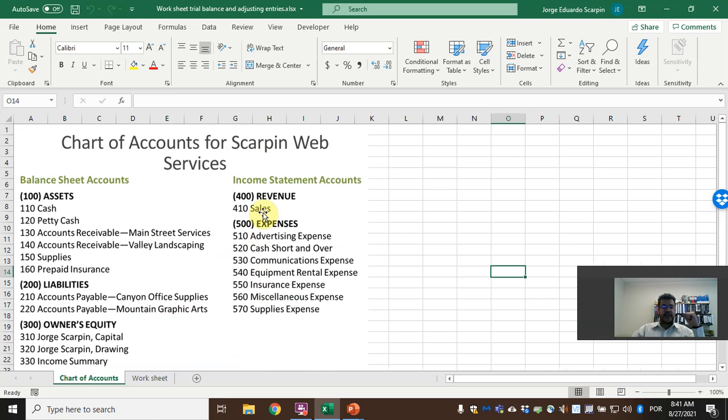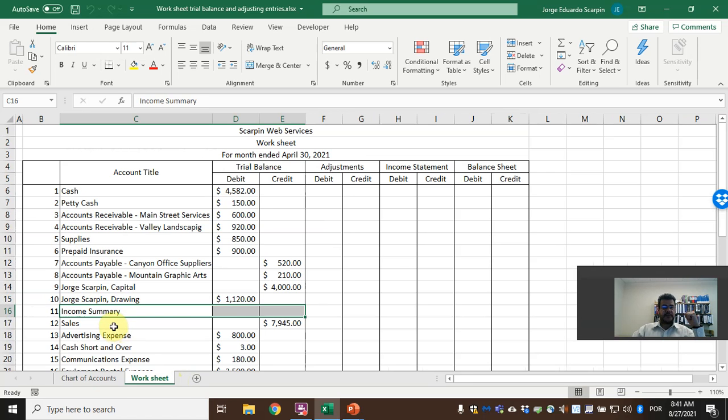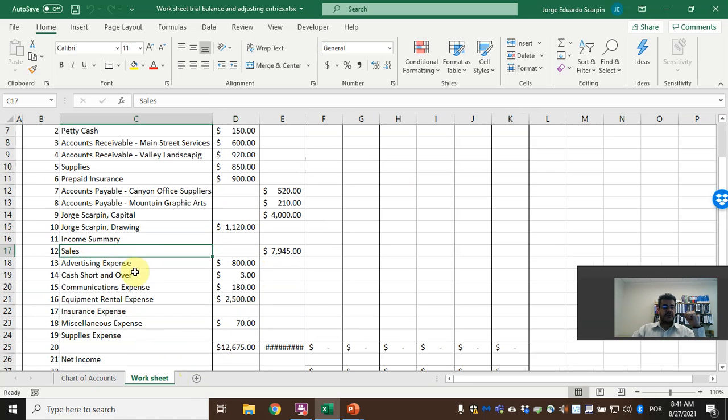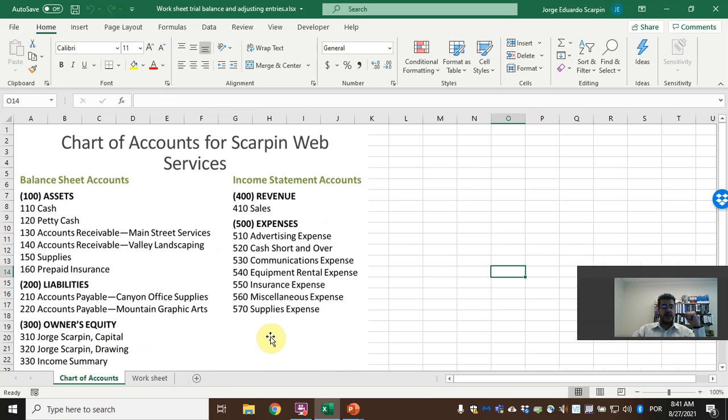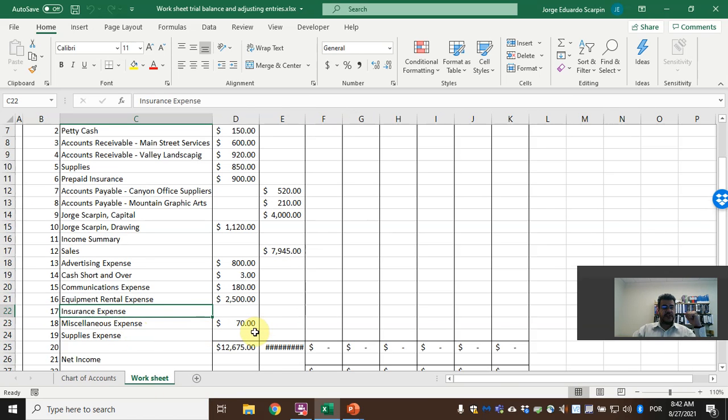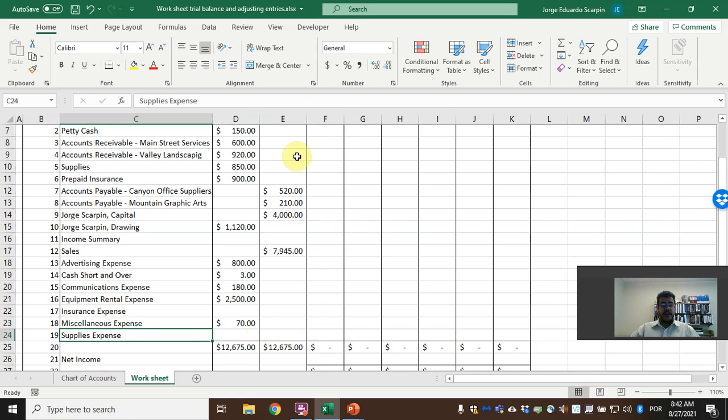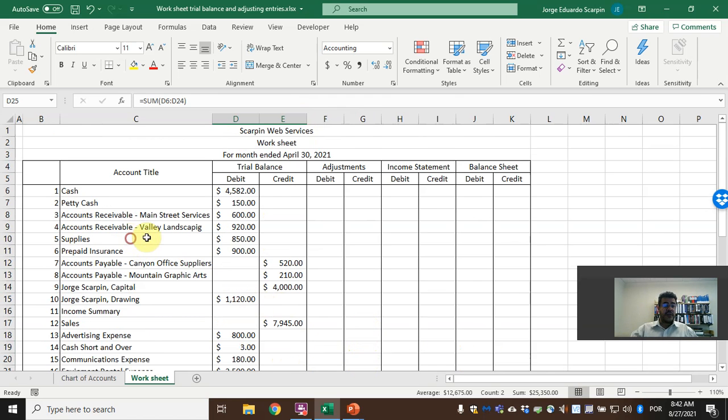And then sales and expenses. Here we have all of our expenses, and insurance and supplies, no expense at all yet. And here debits equal credits. So we are good. And what do we have here? We have two accounts. Supplies and prepaid insurance.